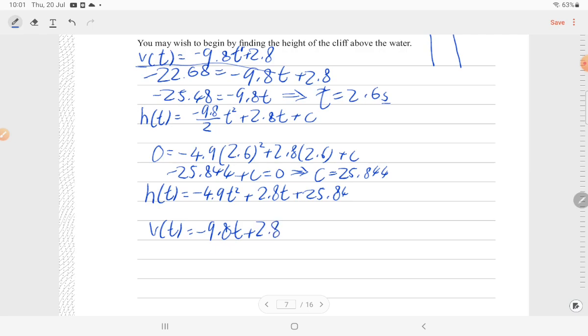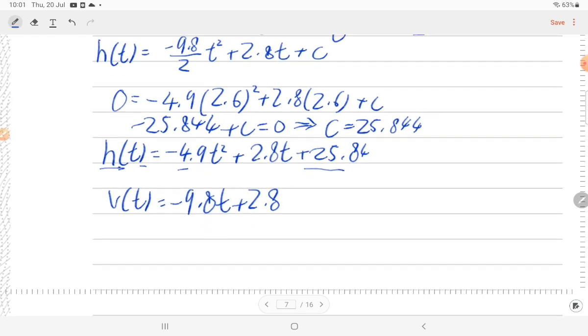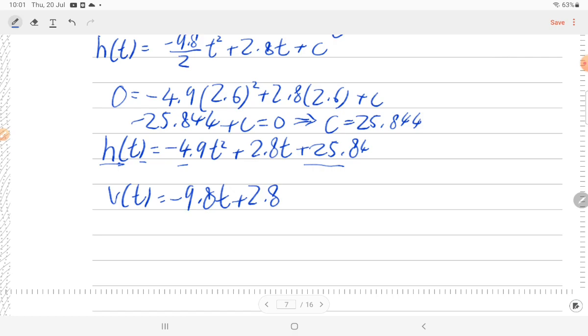Instead of maximizing, if we maximize h of t, we take the derivative of h of t, which is negative 9.8t plus 2.8. I'll rewrite this as h dash of t is equal to negative 9.8t plus 2.8.